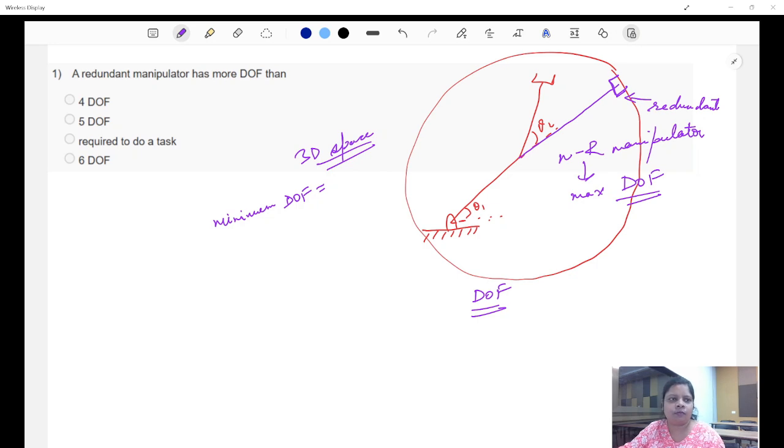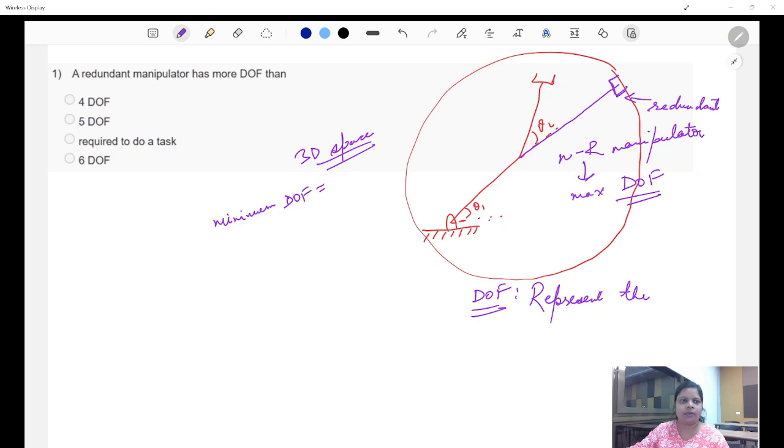I'll just get clear with this. Okay. So let's start with degrees of freedom.